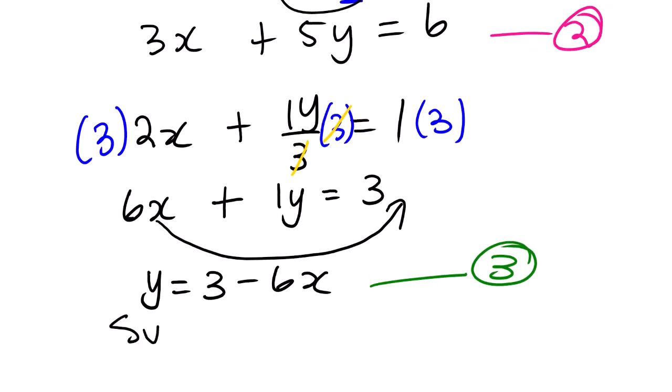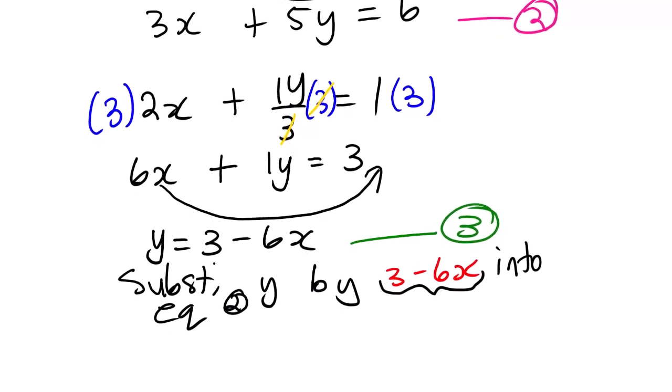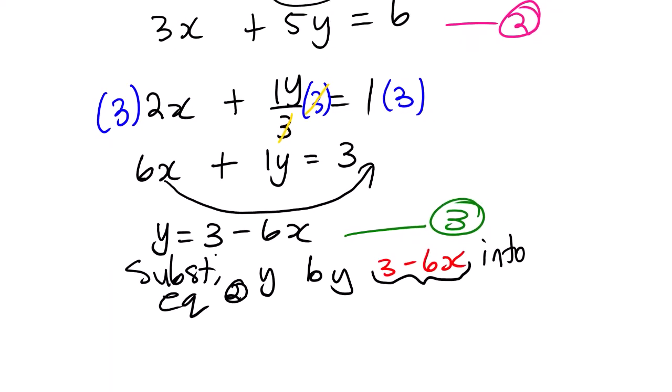From here, substitute y by 3 minus 6x into equation 2. So where we see y, we are going to substitute by this. Now as you can see, this is our equation 2.